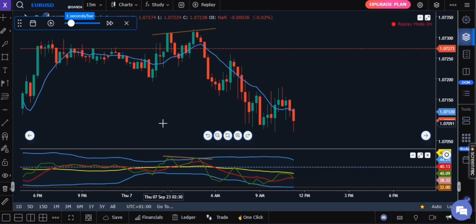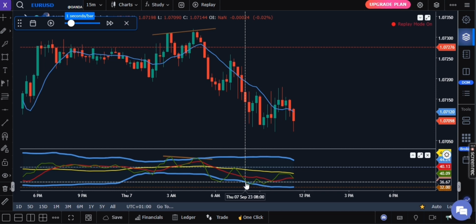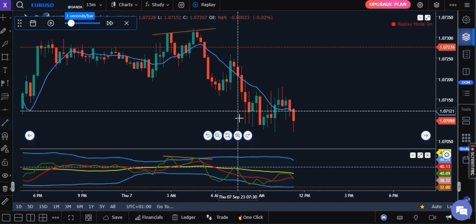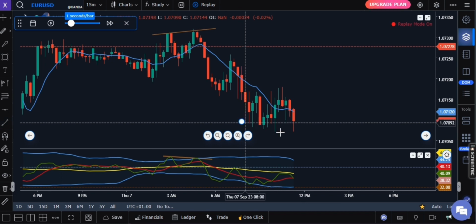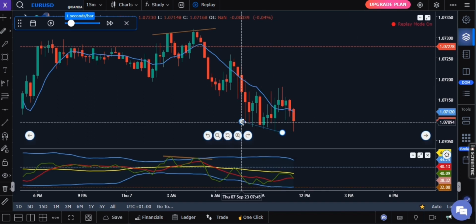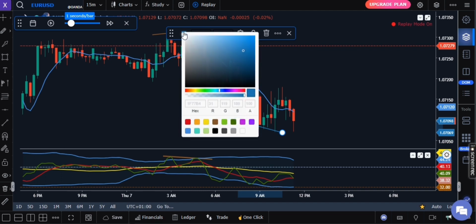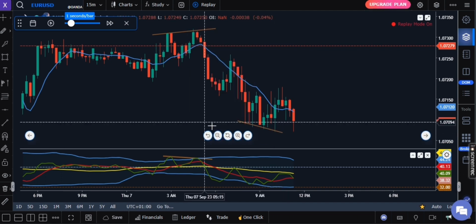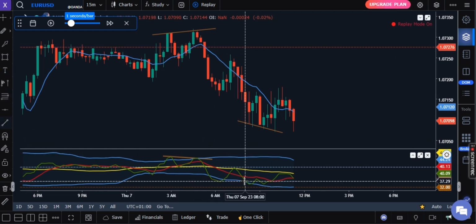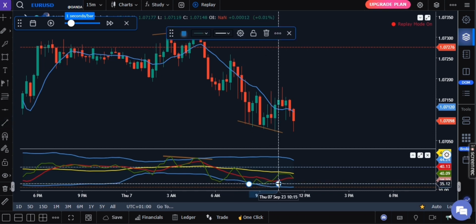I think I spotted some irregularities here. This is higher than this, so you can bring out your trend line, then mark it. When you mark it, say okay, so we can see the opposites.